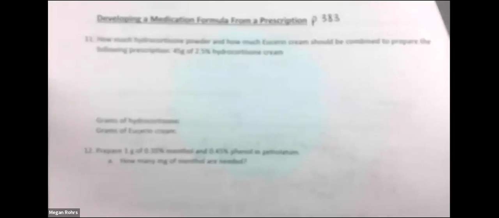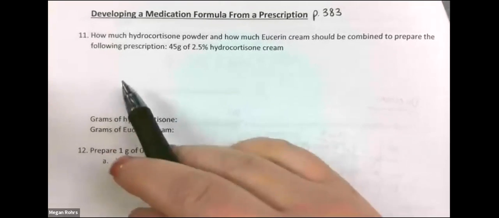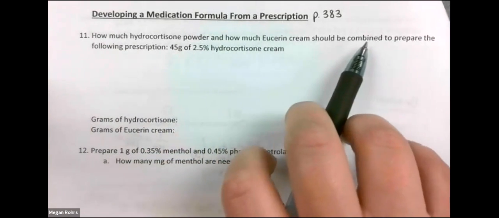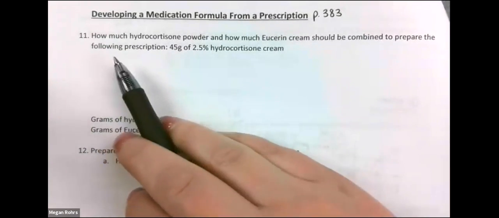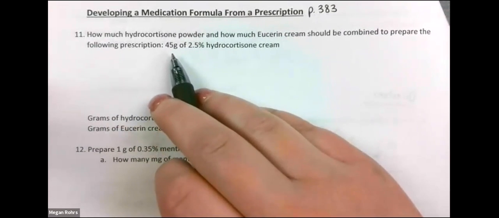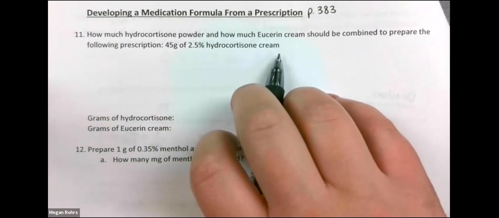We can use the skills that we've already learned to answer a lot of these problems. Starting with number 11 on the worksheet, it says how much hydrocortisone powder and how much eucerin cream should be combined to prepare the following prescription. We want to make 45 grams of a 2.5% hydrocortisone cream.